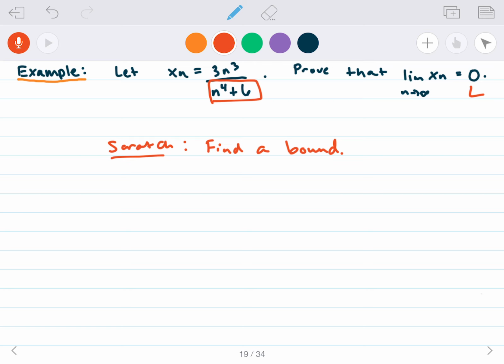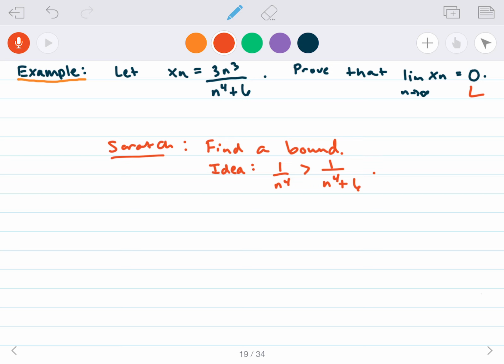And so the idea here is that 1 over n to the 4th is always going to be larger than 1 over n to the 4th plus 6. We have a positive natural number, and if we add something on the bottom, the resulting fraction is going to be smaller. It's like 1/2 is bigger than 1/3, that kind of idea. The bigger your denominator, the smaller the overall fraction is.